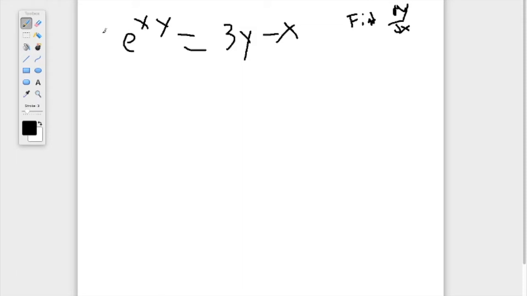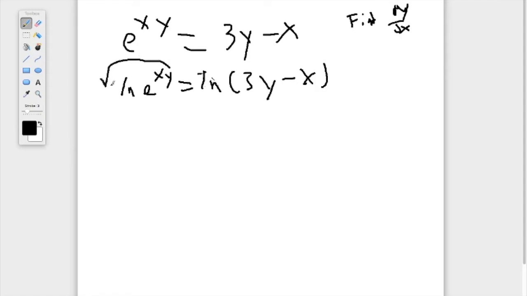it's not too hard. So basically, what I'm gonna do is take the natural log on both sides. So ln of e to the xy equals the natural log of 3y minus x. And this is because it makes the problem a lot simpler, as then this exponent will go down here.